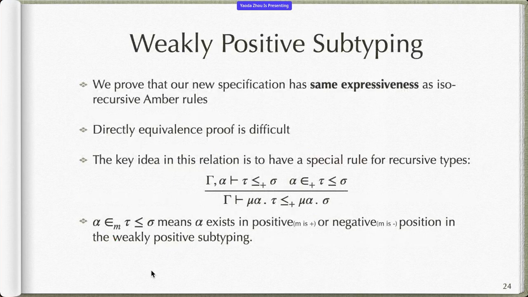We also prove that our new specification has the same expressiveness as Iso-Recursive AMBER rules. A direct equivalence proof is difficult, so we propose an auxiliary set of subtyping rules which we called weakly positive subtyping. And the key idea in this rule is to have a special rule for recursive types that checks if this recursive variable alpha appears weakly positively in the two type bodies being compared.